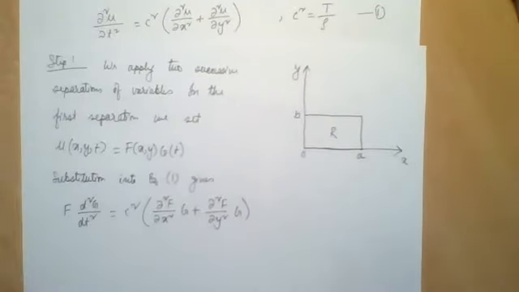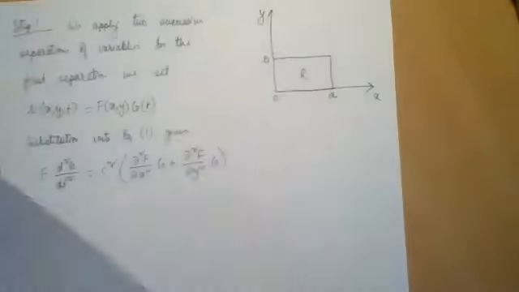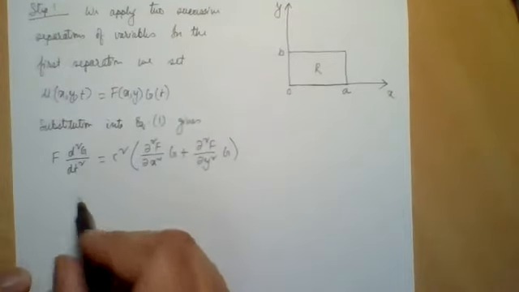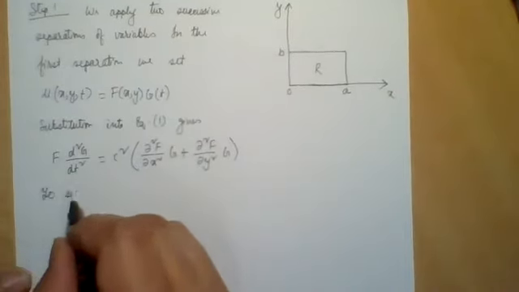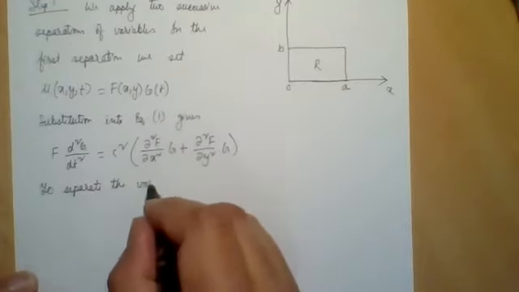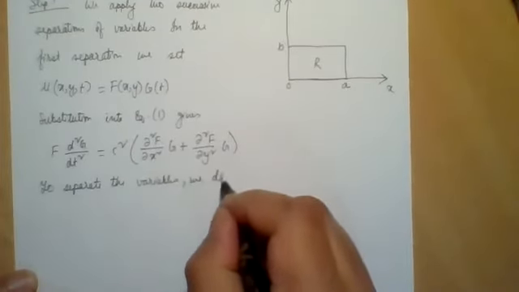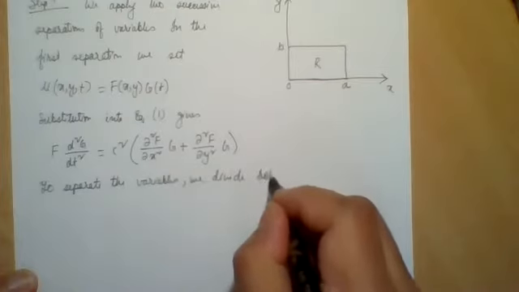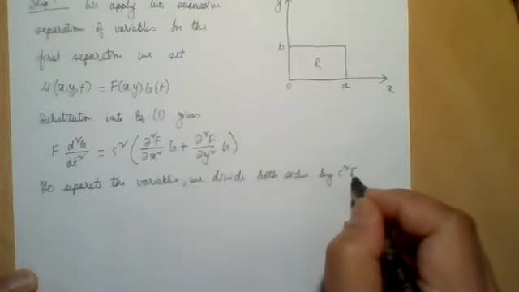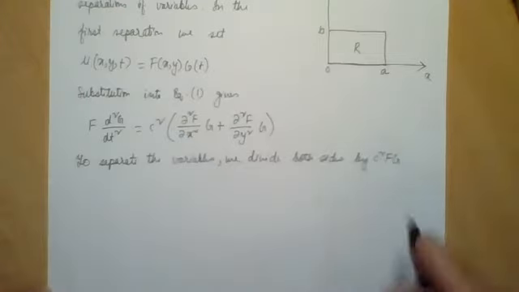Okay. Now, to separate the variables, what do we do next? We divide both sides by c square fg.